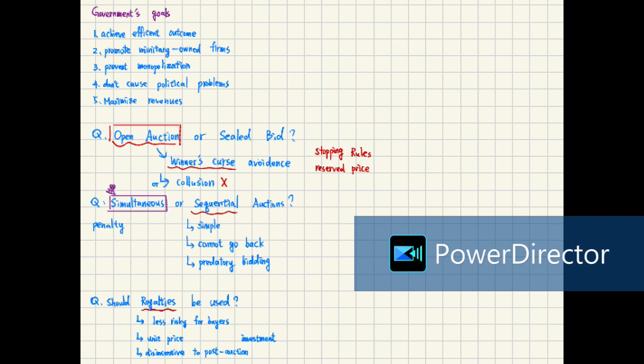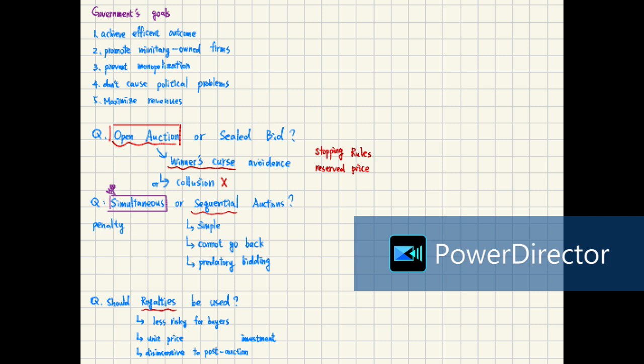So the American government finally chose an open auction, and they try to set reserve prices and stopping rules so they can avoid winner's curse as much as they can.